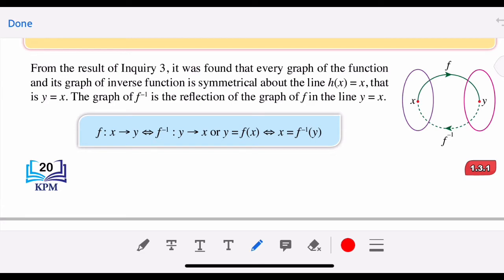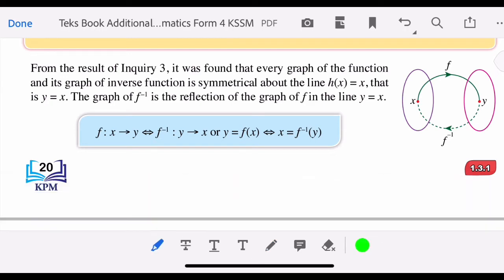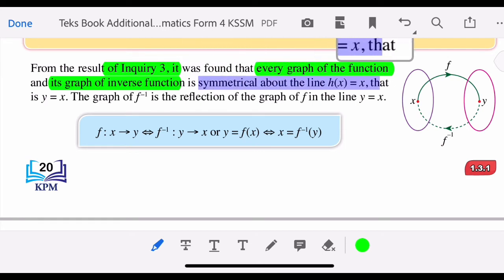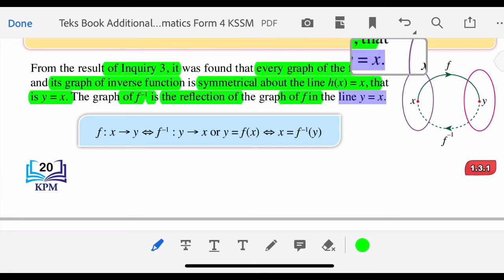From the result of inquiry 3, we found that every graph of a function and the graph of its inverse function are symmetrical about h(x) equal to x, that is y equal to x. So the graph of f negative 1 is the reflection of the graph of f in the line y equal to x. Reflection, remember.